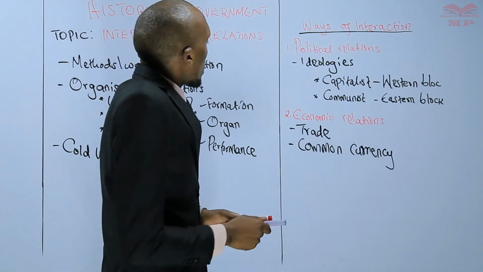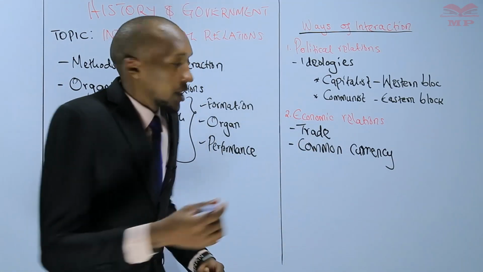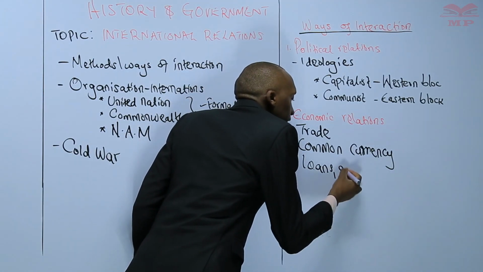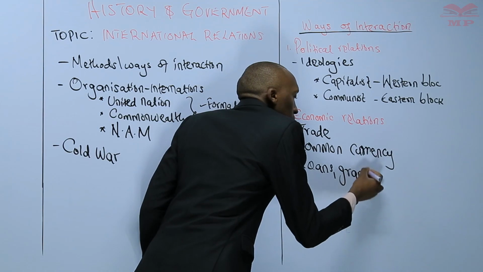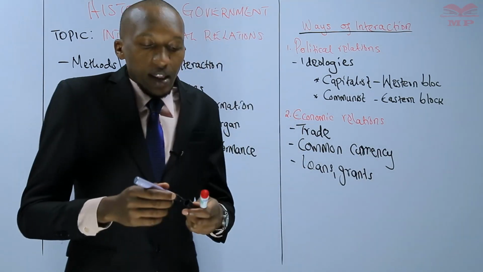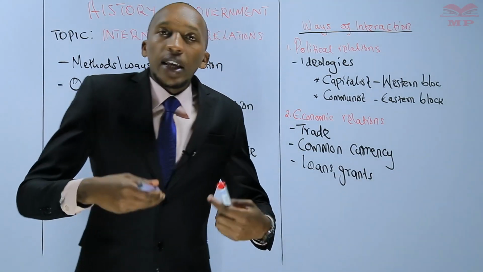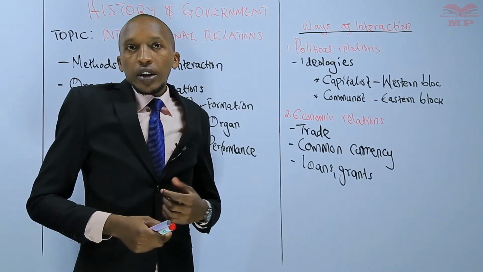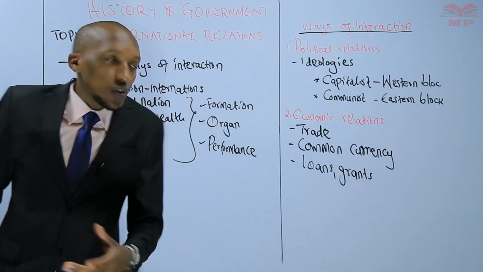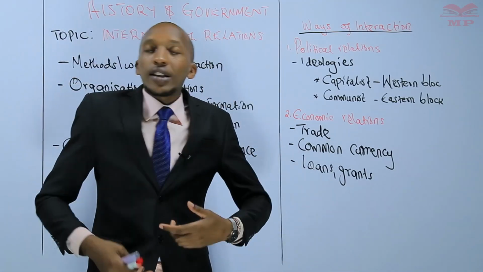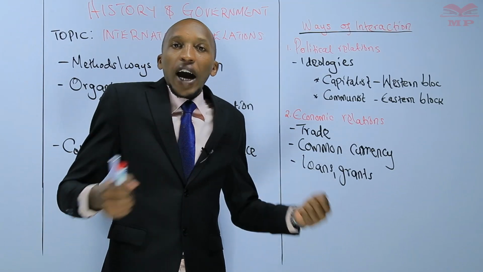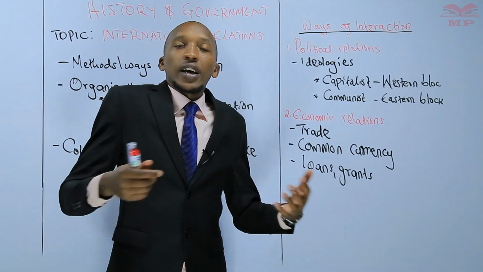Also, you'd find a country giving loans and grants. You'd find a country that is more economically empowered, for example, the USA, giving other nations loans so that they could revive their economies.